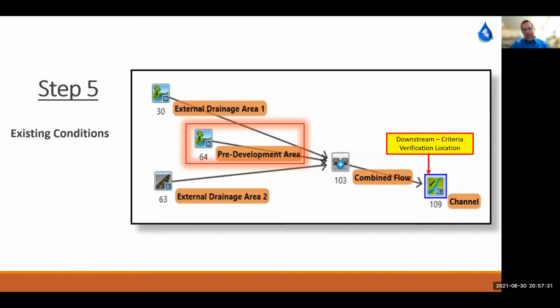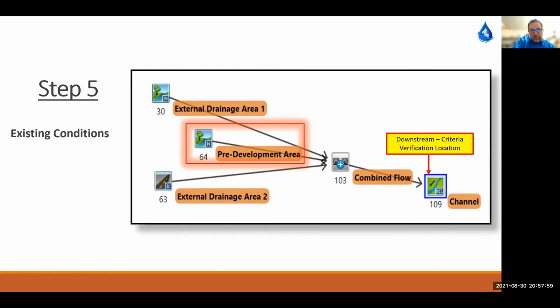To conceptualize the analysis graphically, we would see a schematic such as what you see here. In here, you see the same external drainage area illustrated by this square with a tree that represents an undeveloped area or a rural area. Then we have another existing urban area. In this case, the ID is 63.